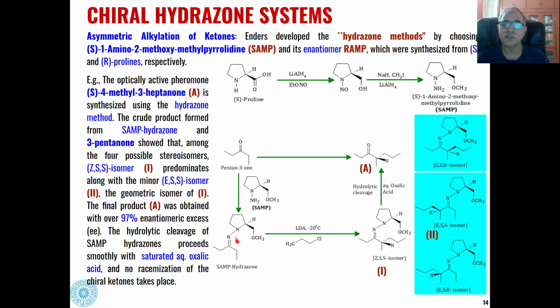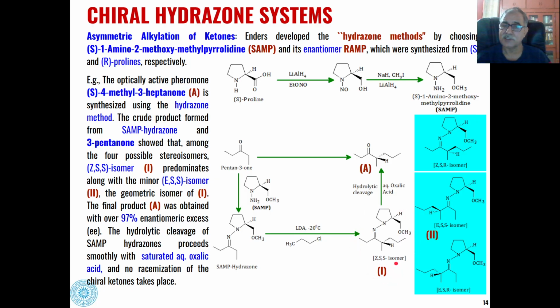So the SAMP hydrazone is formed, then this SAMP hydrazone will react with LDA, lithium diisopropylamide, and the corresponding enolate will be formed at this place, and this enolate then will undergo alkylation reaction to give us all these isomers which are possible through alkylation, and out of these four, this is the major product which is formed during the reaction.